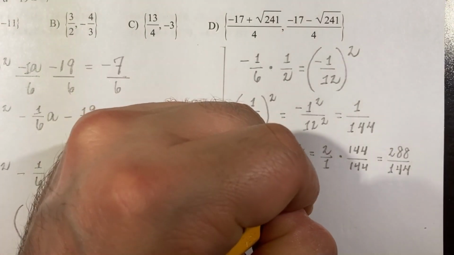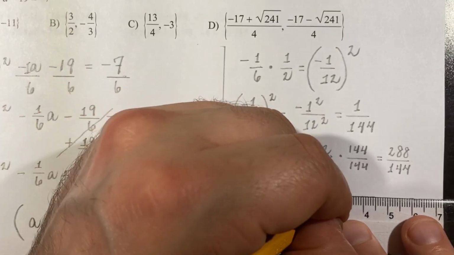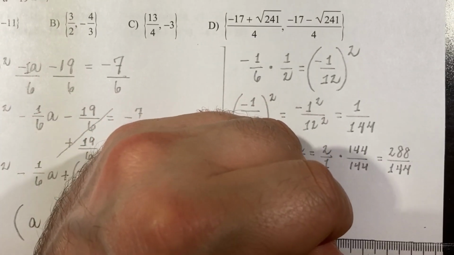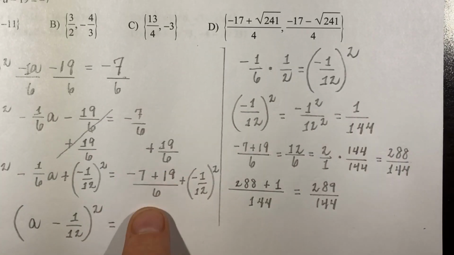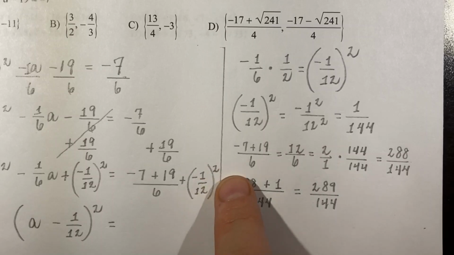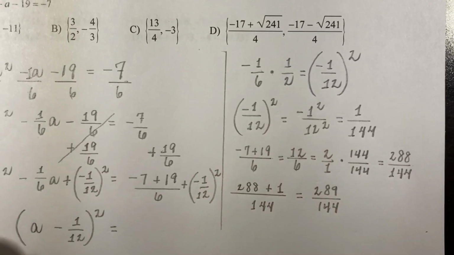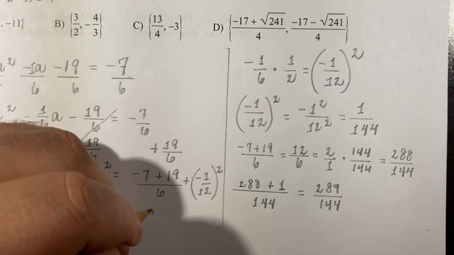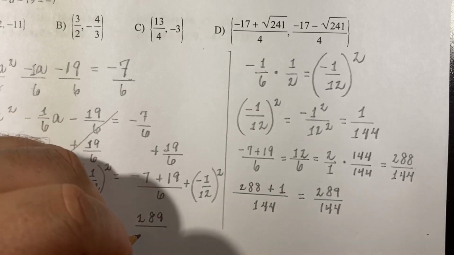Well, that's equal to 289 over 144. And so that is actually what negative 7 plus 19 over 6 plus negative 1 over 12 squared equals. It's 289 over 144. So we'll write 289 over 144.